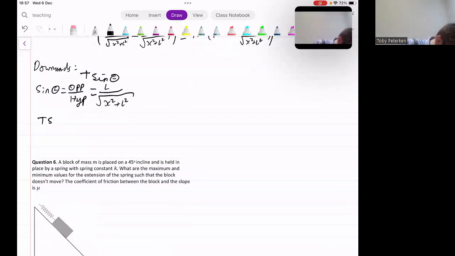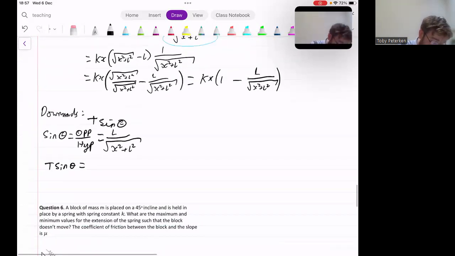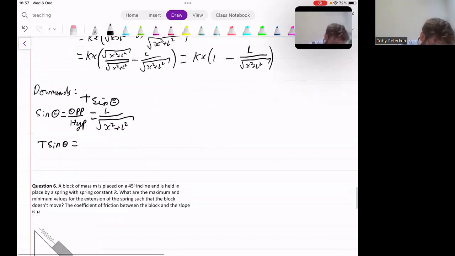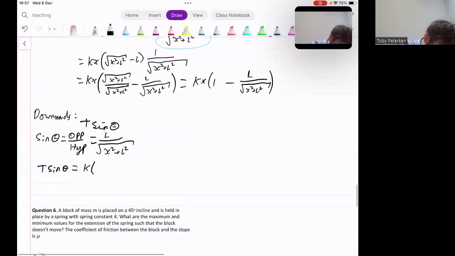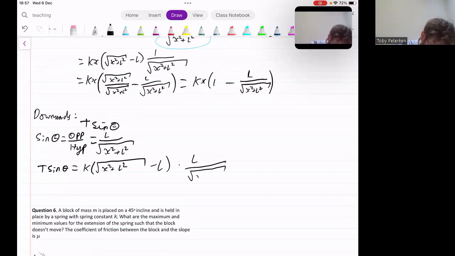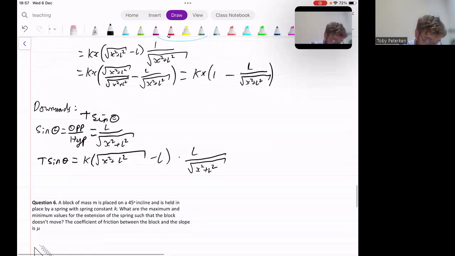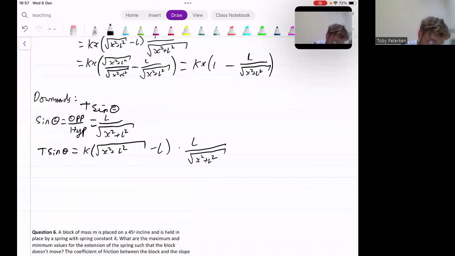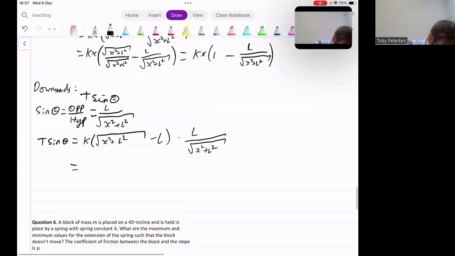And so getting T sine theta, putting back in for T, we have k times the square root of x squared plus L squared minus L, times L over the square root of x squared plus L squared, which we can simplify in the exact same way as above, which gets kL times 1 minus L over the square root of x squared plus L squared.